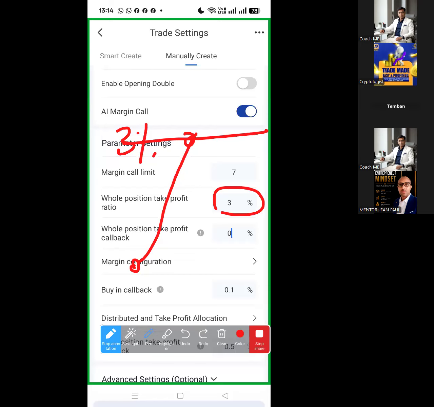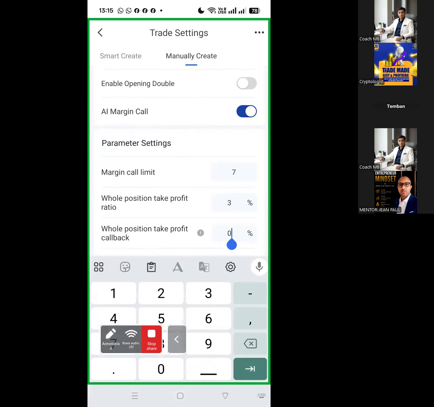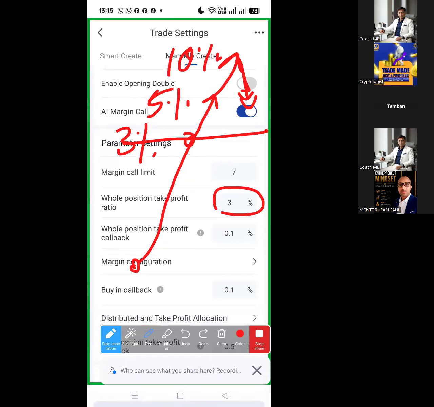So suppose this price keeps on rising, higher and higher. Suppose it reaches 5%, or even 10% above, and then it starts to fall down. Only after it has fallen by 0.1%, suppose I put 0.1% here, and the market goes down by 0.1%, even though it has crossed your 3% target profit, it will sell and give you a higher profit.